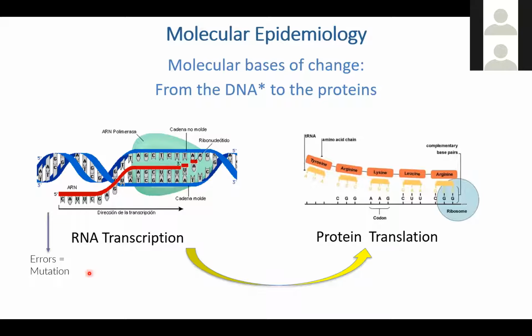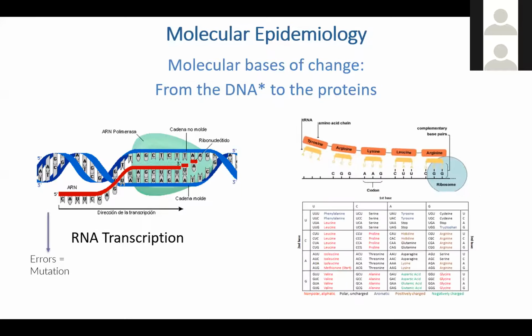And here in this process, errors can occur in the transcription, which can cause the changes in protein which is being translated. And you know well that there's a genetic code where from these triplets, we're going to recognize the amino acids that are going to form the protein.